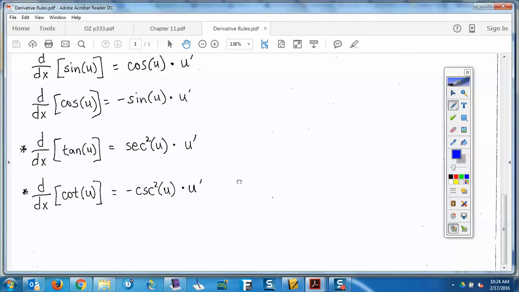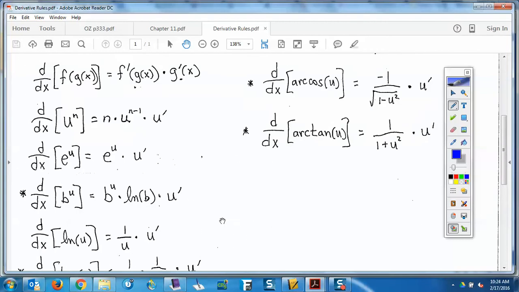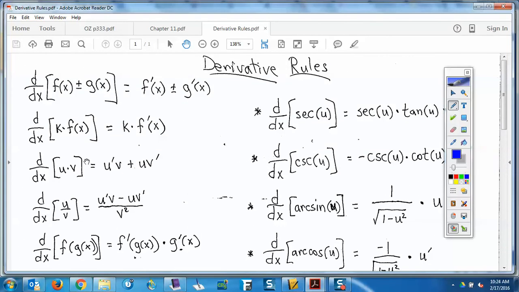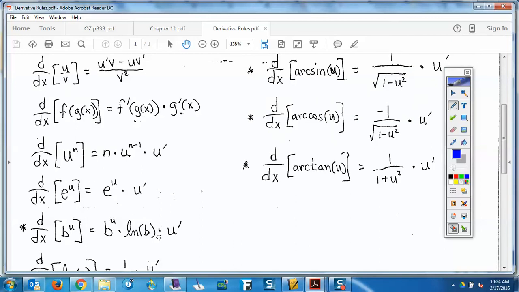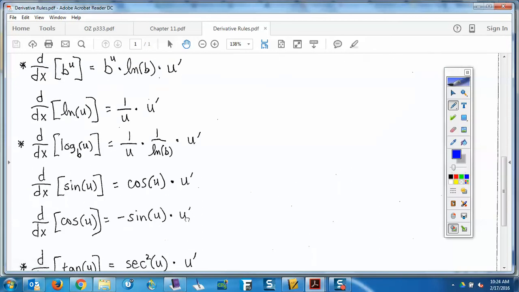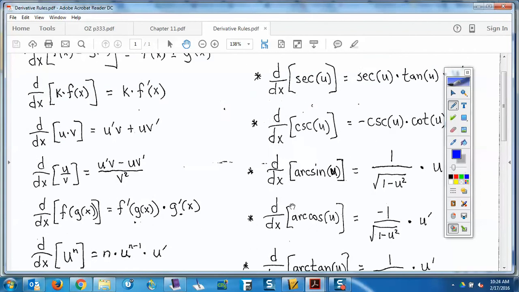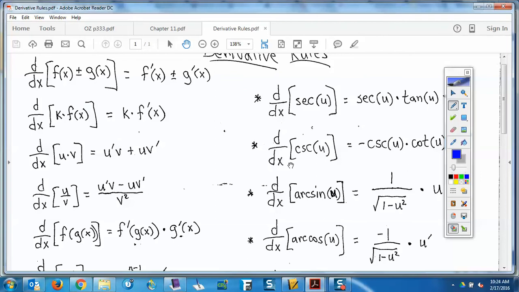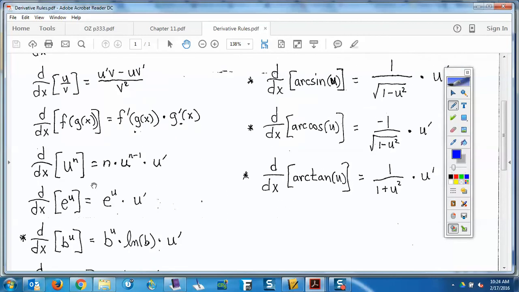Right? You had to know all these. Now the nice thing about it is if your function looked like this, then you do this. And we memorized all those, and then we ran into a lot of algebra we had to do, and we had to do some simplifying and stuff like that. You just followed the rules. But now understand what we're doing with the antiderivative. We're just going backwards.